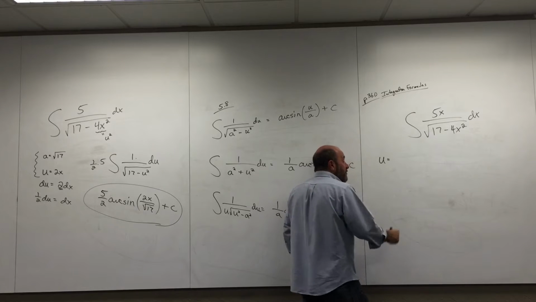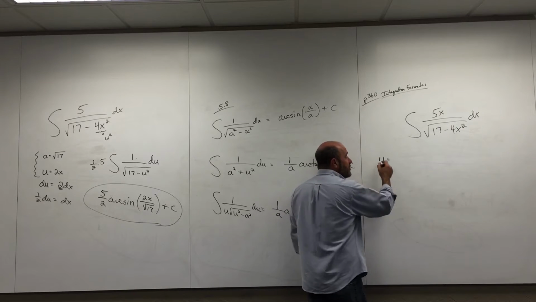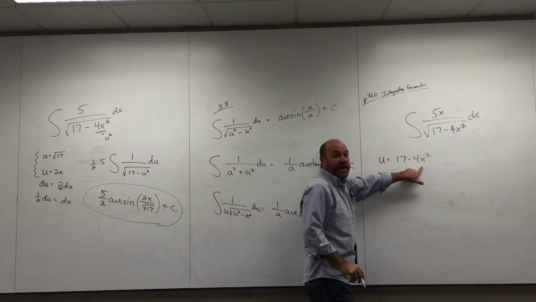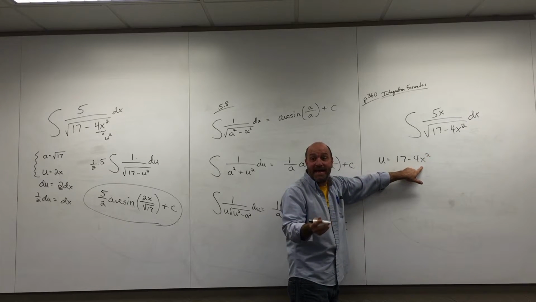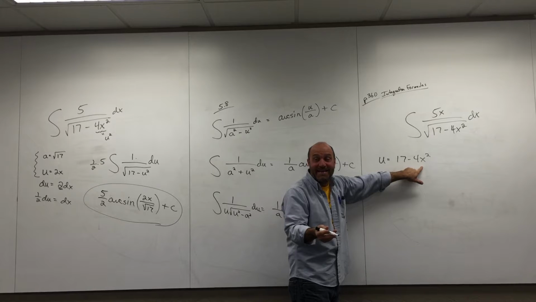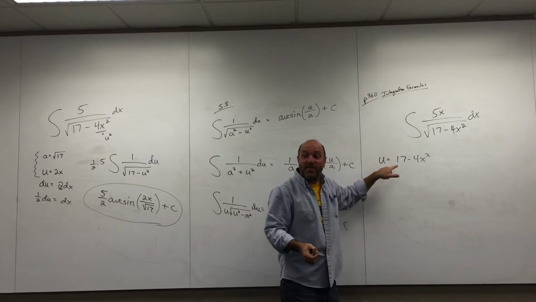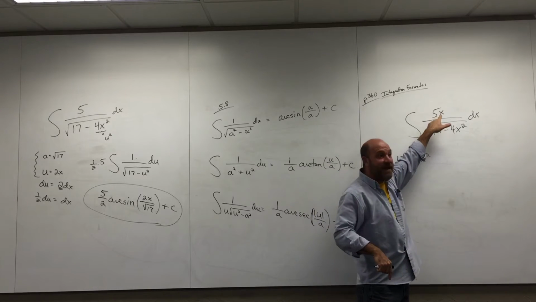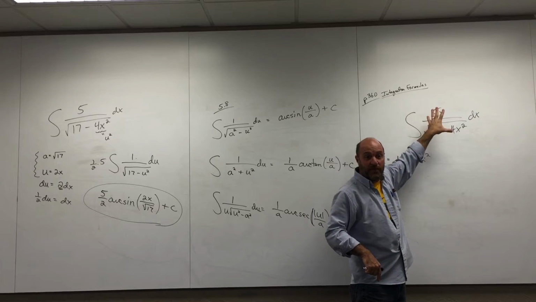You guys know that because you know how u substitution works. If you let u equal x squared, du is going to be an x, which is going to wipe that numerator out. This is a perfect u substitution problem.